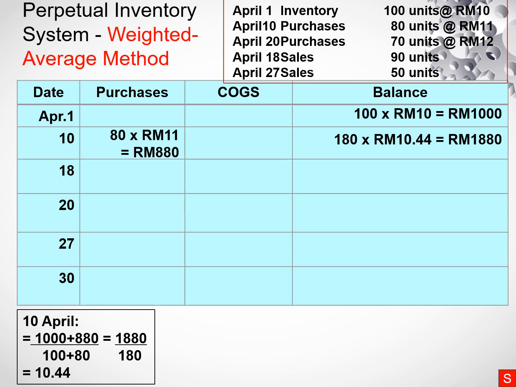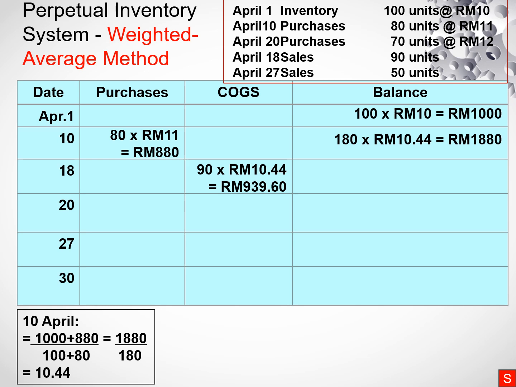So write down at the cost of goods sold column 90 units times 10 ringgit and 44 cents equals to 939 and 60 cents.